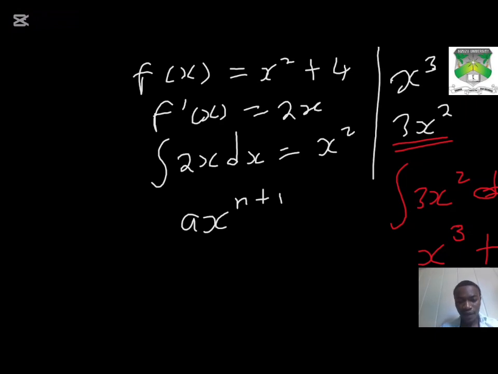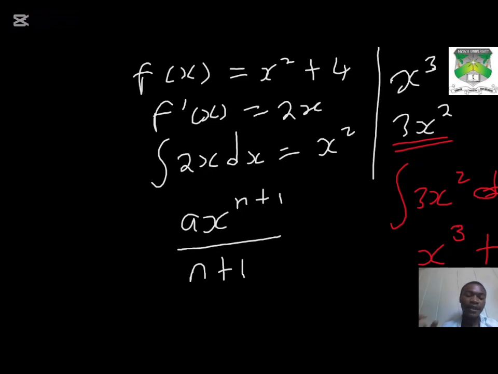We put the power in front of the variable as a product, and the opposite of product is division, so we divide by the new power, which gives us n plus 1.